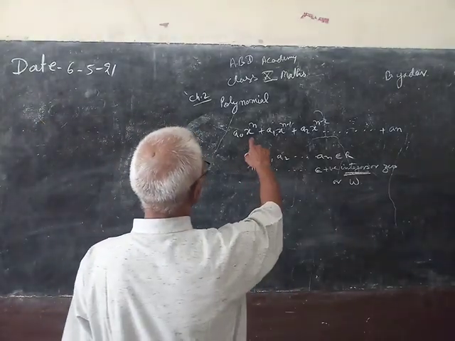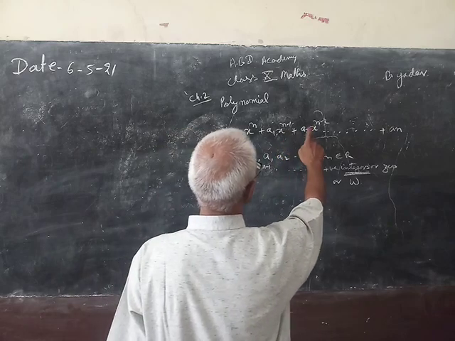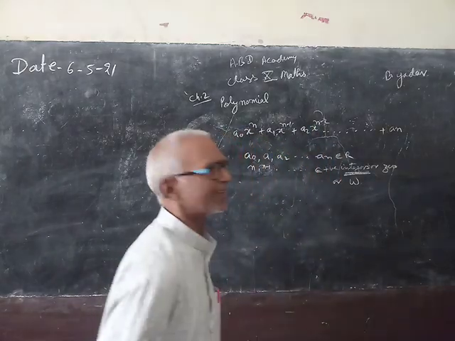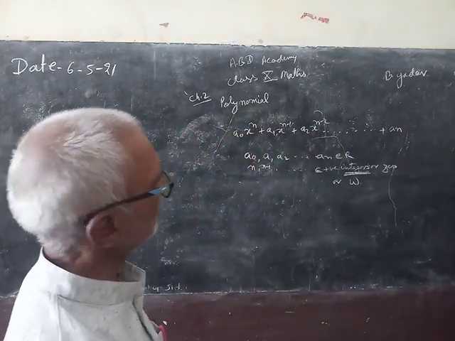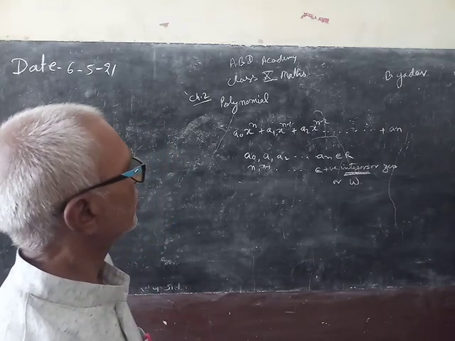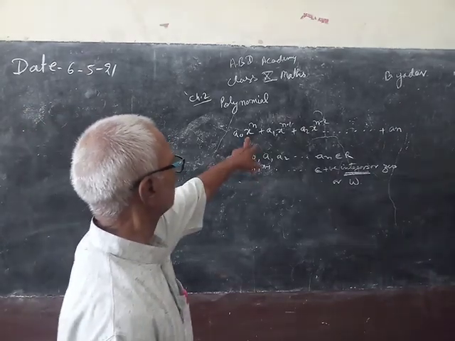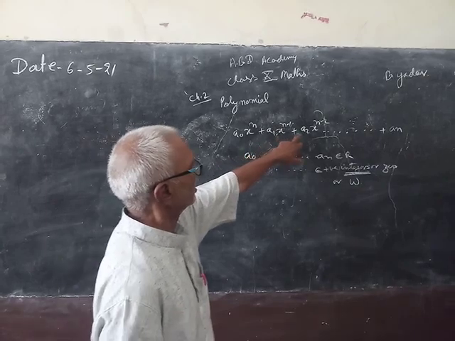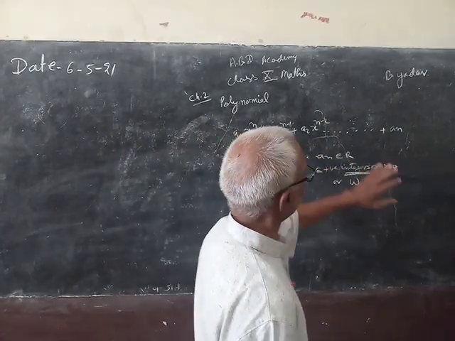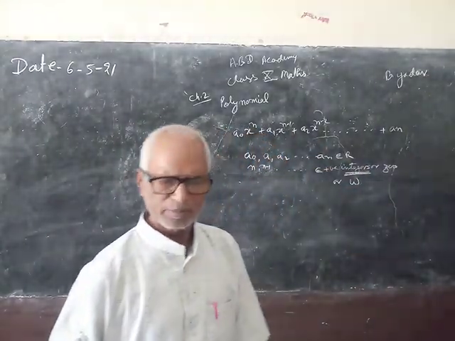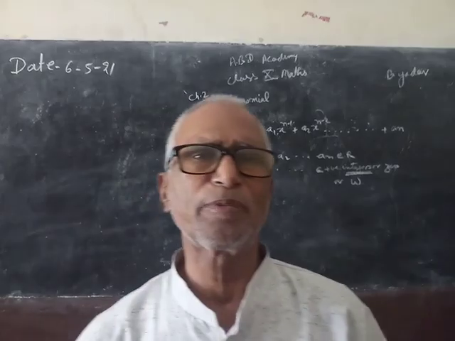Here a0 x to the n, a1 x to the n minus 1, a2 x to the n minus 2 and so on. Lastly, the term is an. Here the coefficients which are a0, a1, a2, an are elements of real numbers. This may be any fraction, negative, positive, whatever.